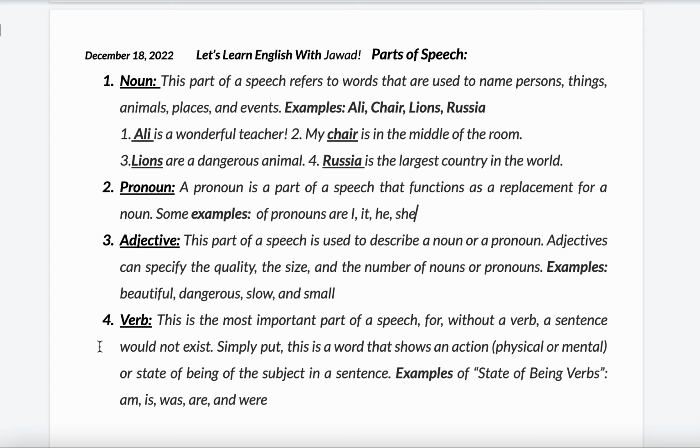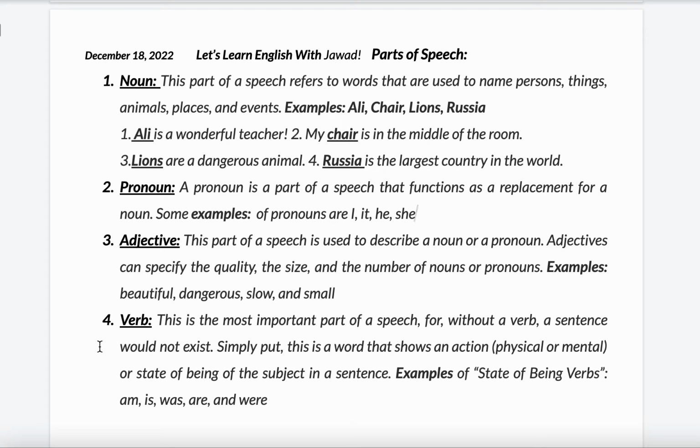Let's go to the fourth one, which is verb. Now, this is a very important part of speech. Why? Because when we use a verb, we talk about an action, but we also use it to show the existence of something. Existence means being, or a state of being.